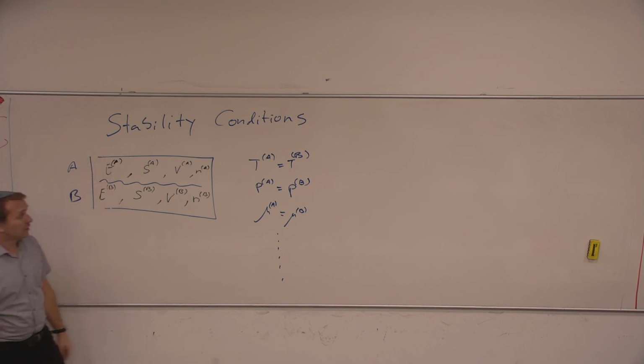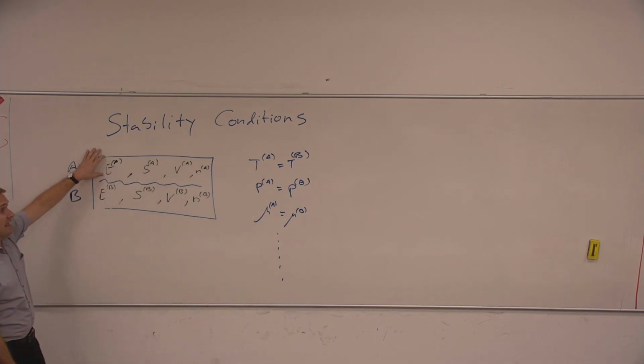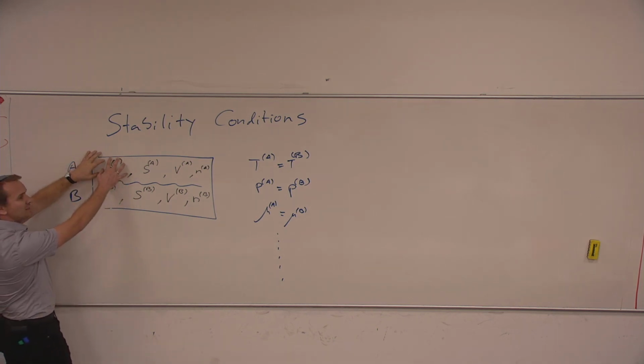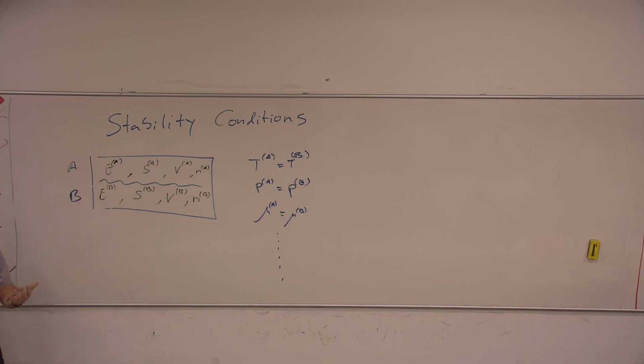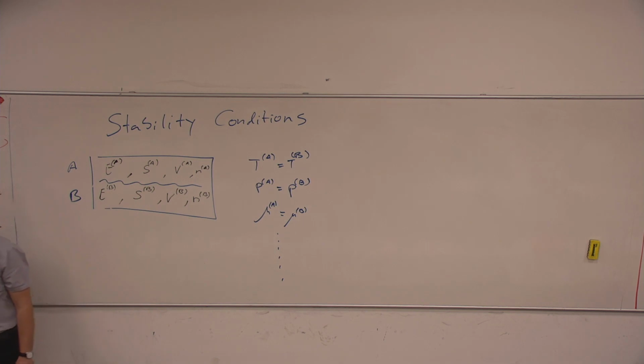This equation, that the pressure of system A equals exactly the pressure of system B, means that the volumes are not going to change. There is no flow of volume from one system to another. They keep their volumes constant. The chemical potential, what does it mean? That we have exactly the same chemical potentials in both systems.